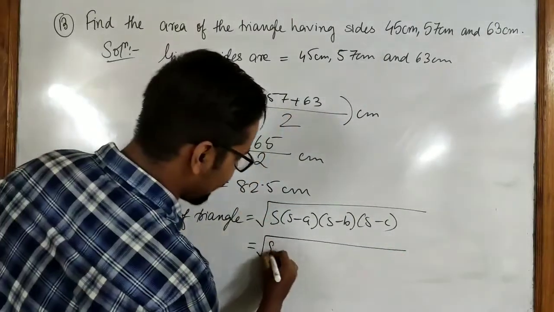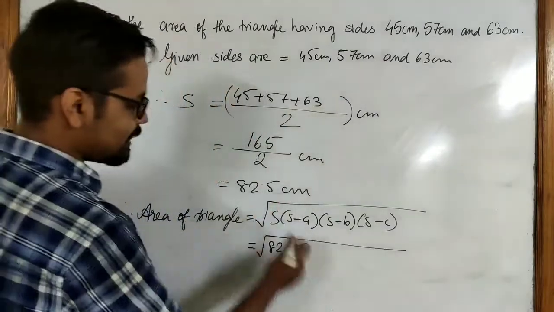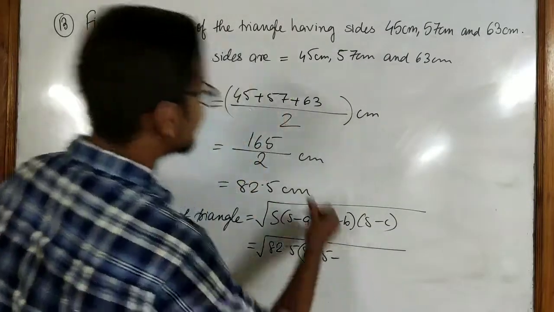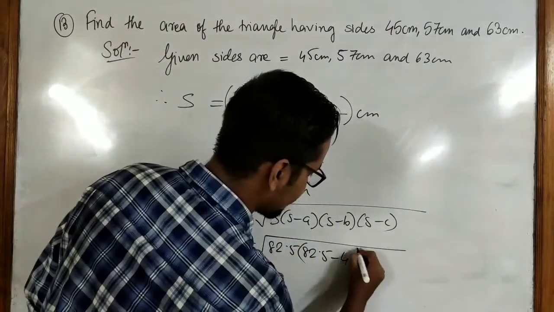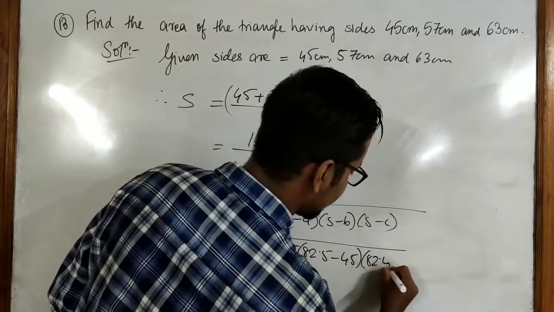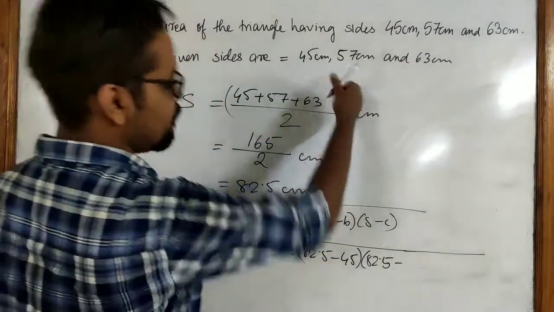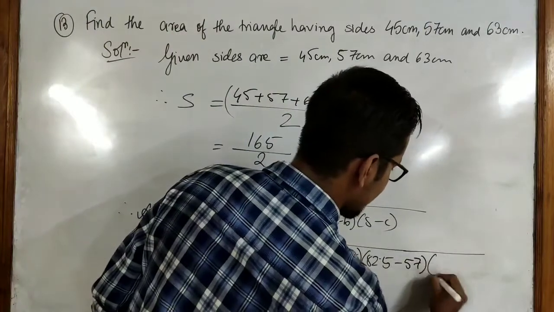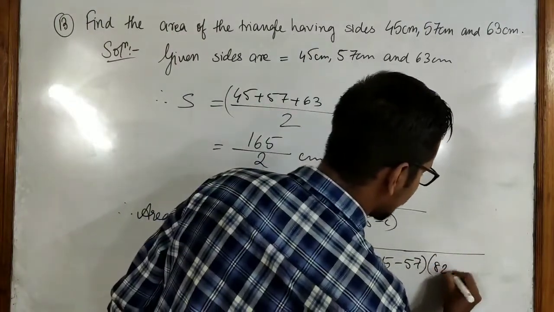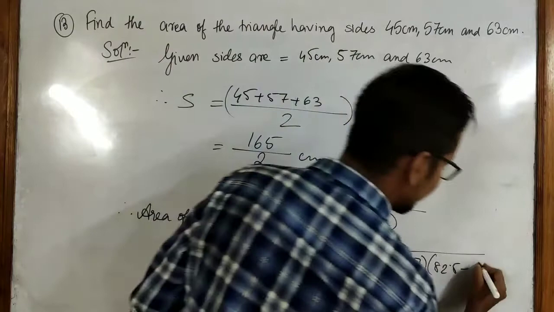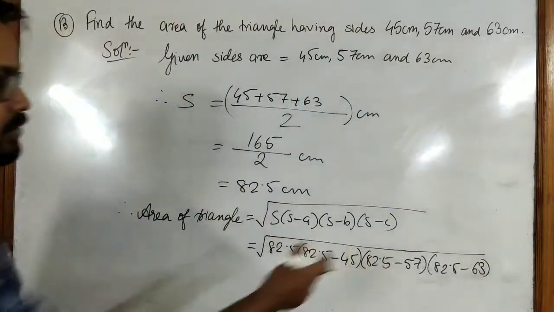S is 82.5. S minus A is going to be 82.5 minus 45. S minus B is 82.5 minus 57, and S minus C is 82.5 minus 63. So these are the values that we have.